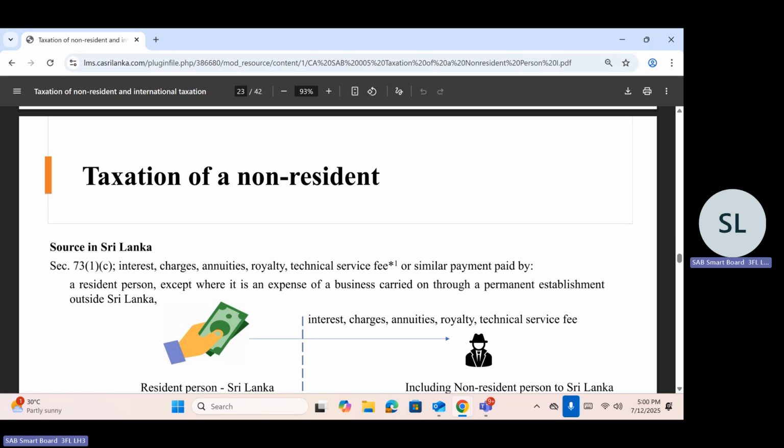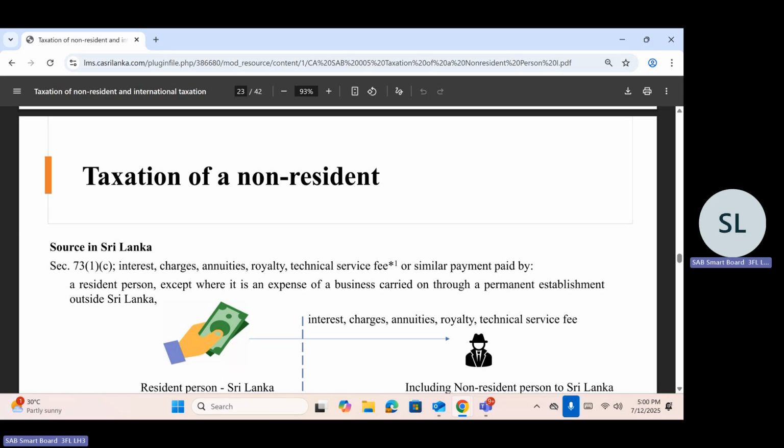The payment is made by a resident person. If a resident person pays, it shall be considered as there is a source in Sri Lanka. But this part is not considered as a source in Sri Lanka. The resident person makes that payment.